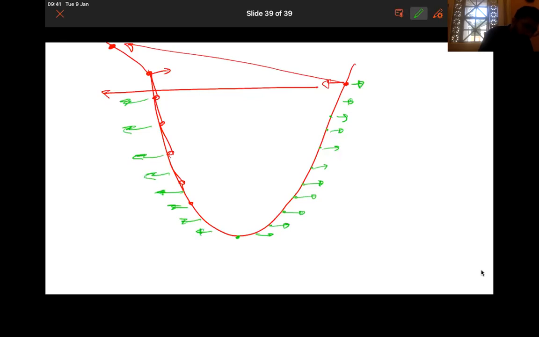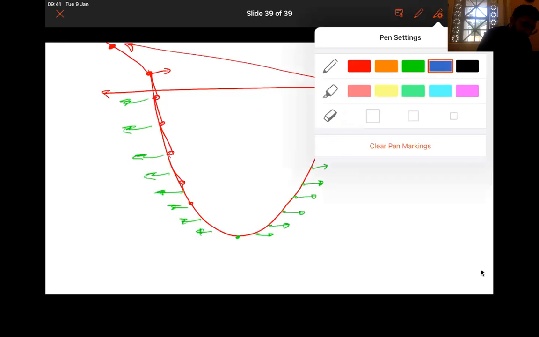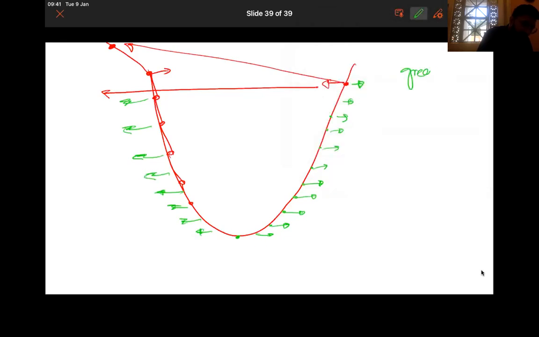Now with blue I would show the negative gradient direction. So green is gradient direction, and blue is negative gradient direction. The negative gradient direction here could be this, this.